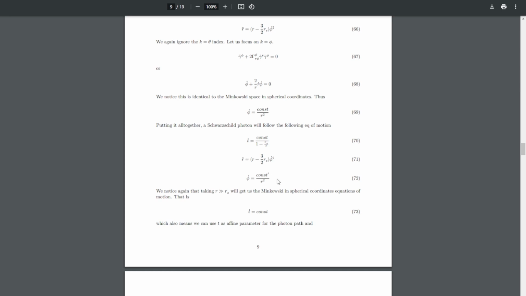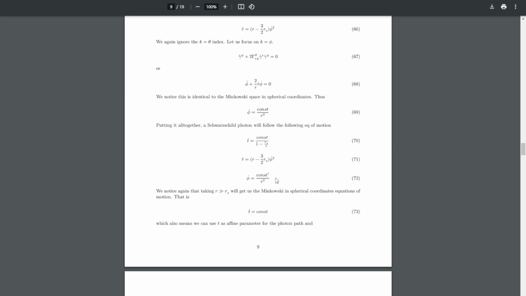And we actually realize that the constant in the phi dot equation is actually RC, as we saw in the example that we had previously in vacuum.